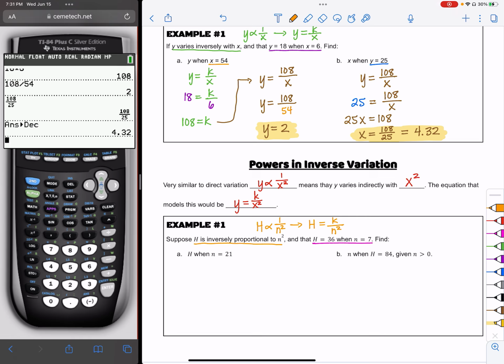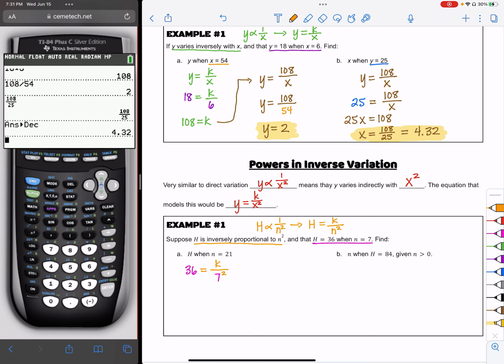I'm going to have my equation as 36 is equal to, I don't know what k is, so that's k divided by 7 squared.